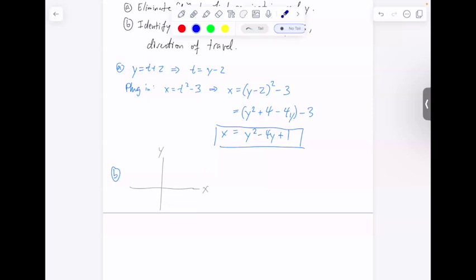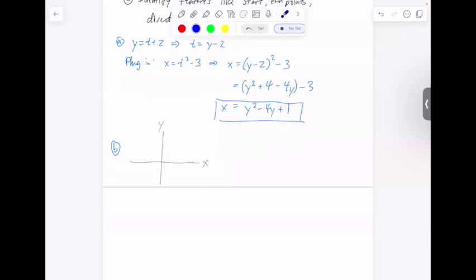If it's negative, then it's going to open the other way. All right, so a quick refresher. These are classes of functions that you should know. These are parabolas. They're part of the rare part of 10.5 that we actually care about. So this is a parabola opening to the right.